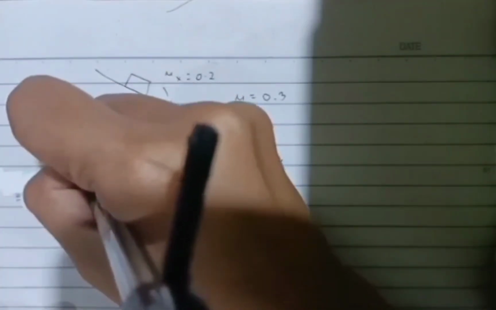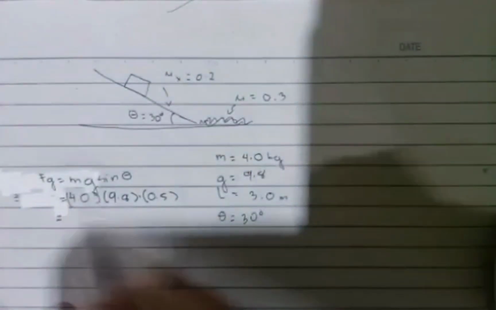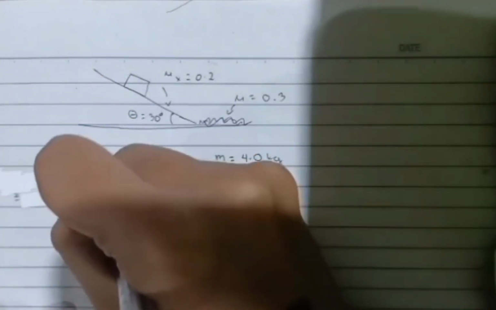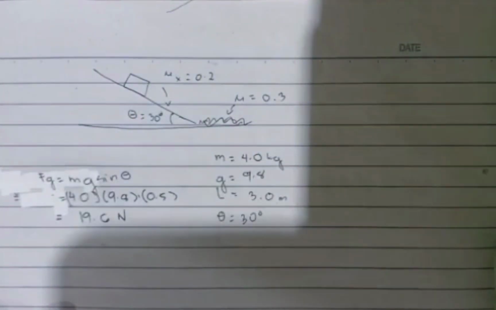Fg equals mass times acceleration due to gravity times sine theta, equals 4.0 times 9.8 times sine theta, which is 0.5. Multiplying it all, the answer is 19.6 Newtons.